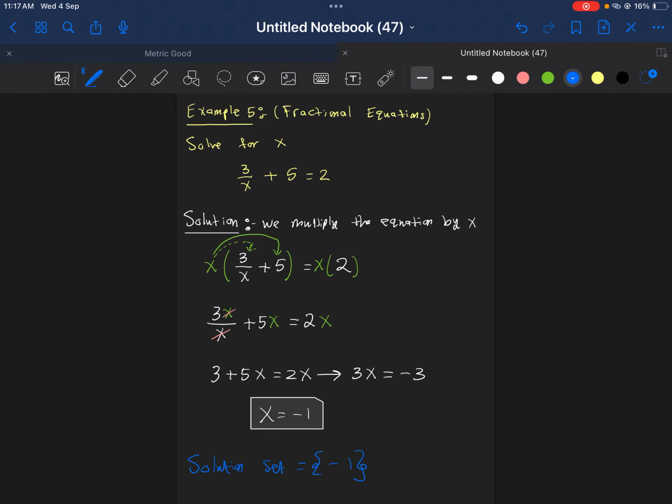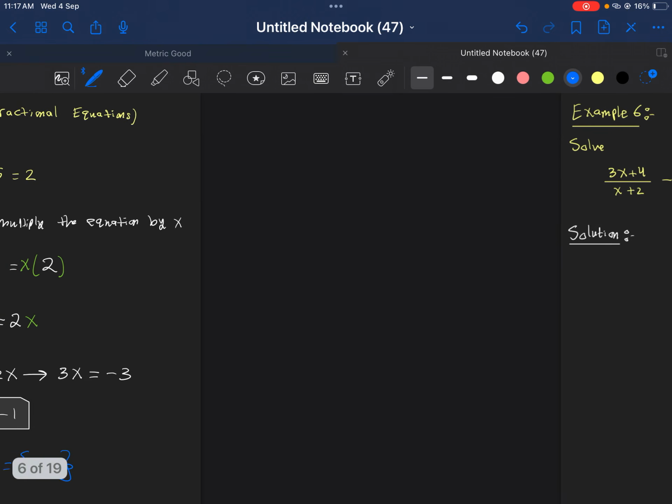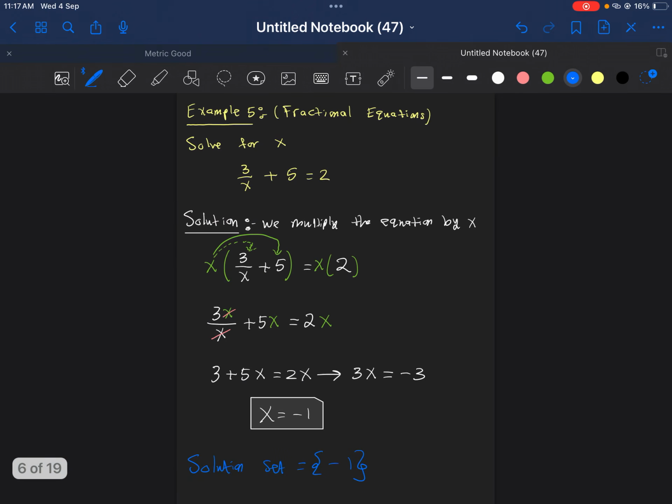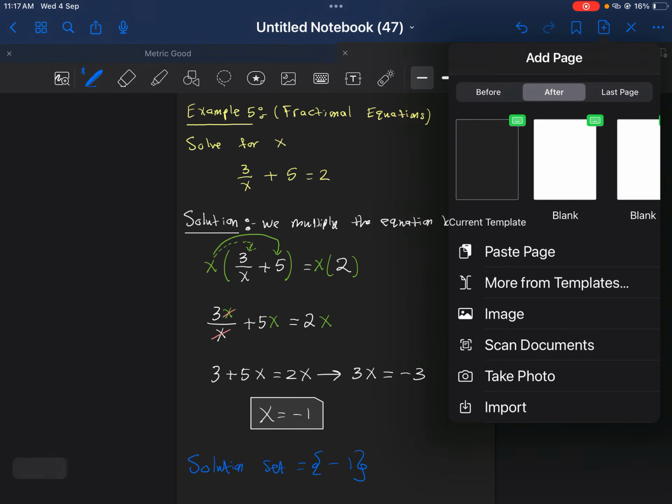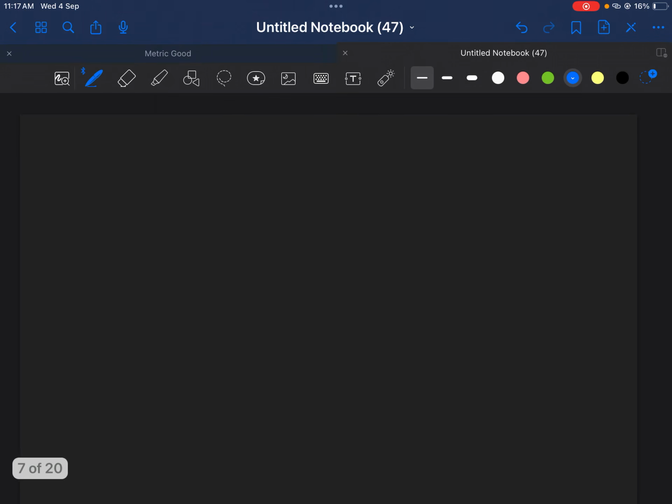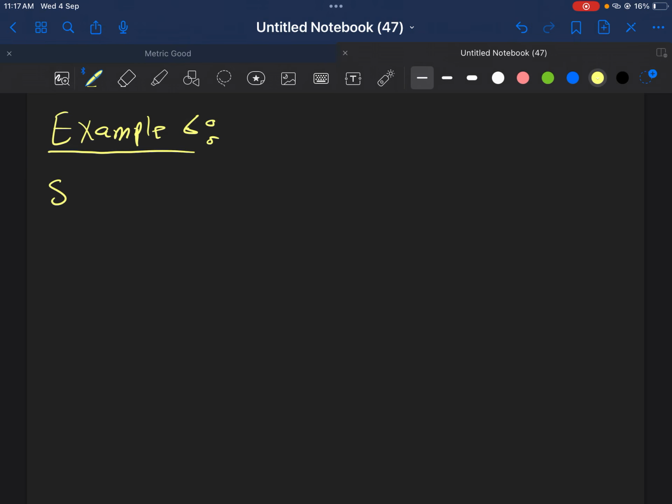Next question, which will be example number 6. The same idea as we just did; at least I can give you the hint and I will leave it for you to try by yourself. Now this type of equation, again, is a fractional equation.